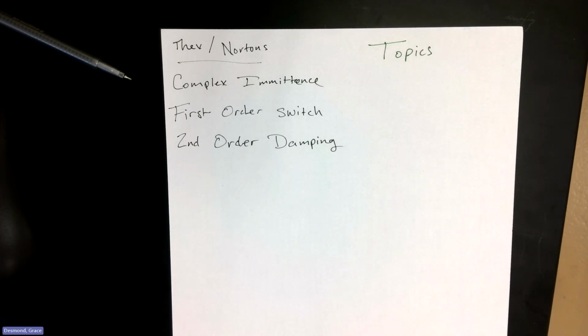We're gonna do a Thevenin's problem, and then a switch problem. After that, we're gonna do a second order example that I have. And then we're gonna work some homework problems on second order because we know that they're hard and we want to give you some extra help and guidance with those.